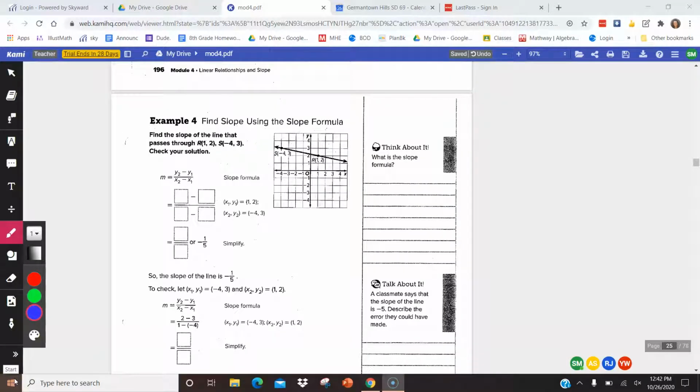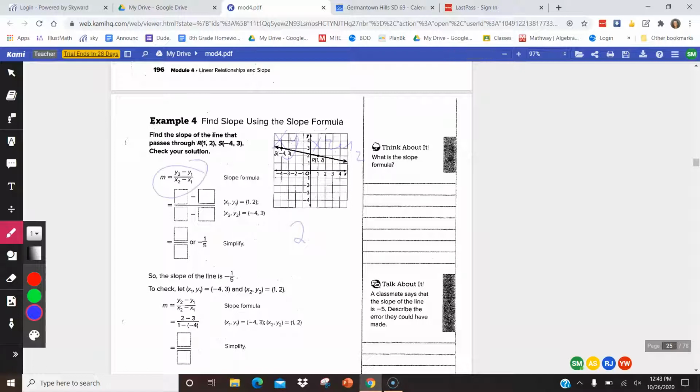And sometimes you can use the slope formula when you see the line on the graph itself. You just have to pick a couple of pairs. In this case, they give us the 2 pairs to use: negative 4, 3, and 1, 2. So go ahead and use those ordered pairs. I will label this one x sub 1, y sub 1, because it's the first ordered pair that I see, and this will be x sub 2, y sub 2.